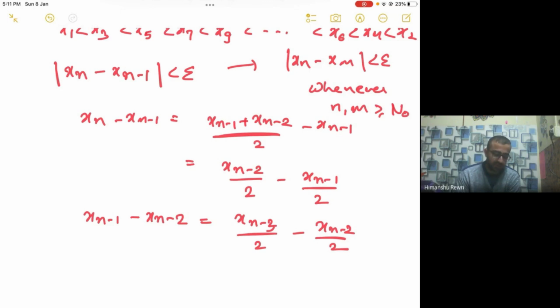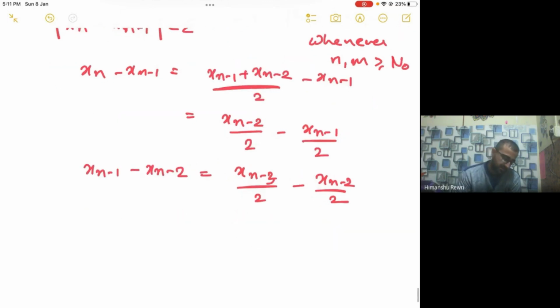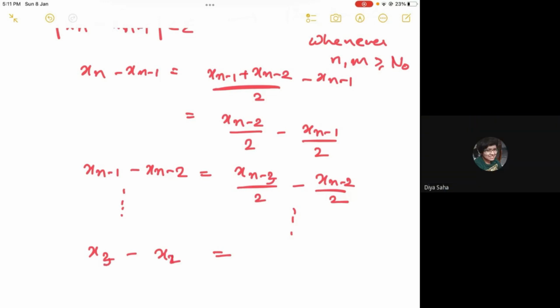So can you see a pattern here? And mod of xn minus xn minus 1 is less than 1 by 2 to the power n. Yes.